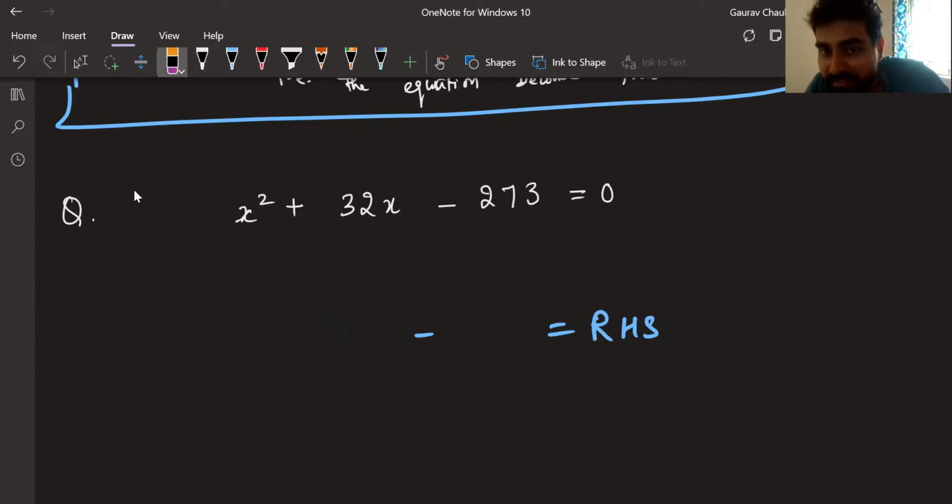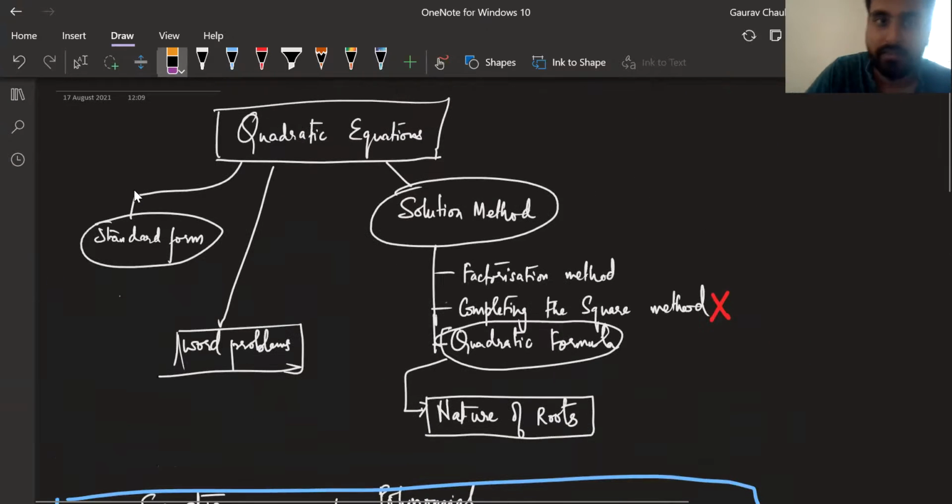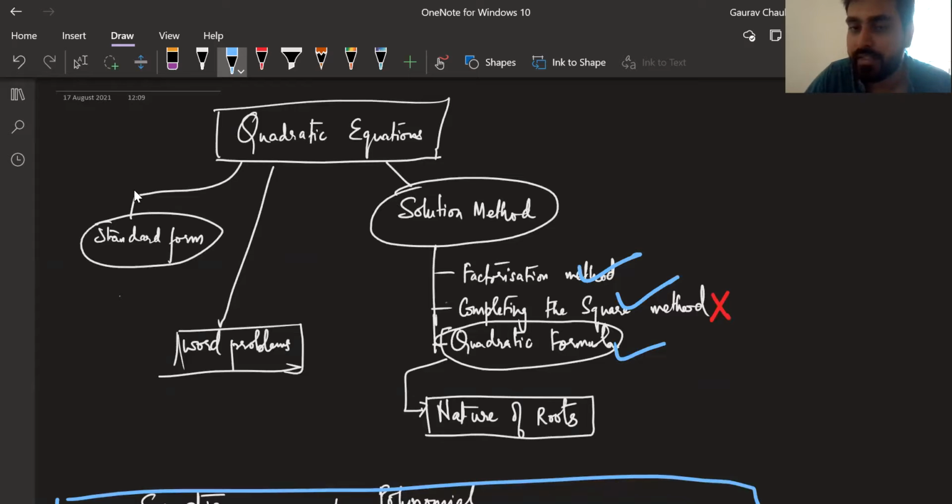For finding such a value, there are 3 methods: factorization method, completing the square method, and quadratic formula method. Let's change this to solution methods. There are three methods for finding the solution of a quadratic equation.